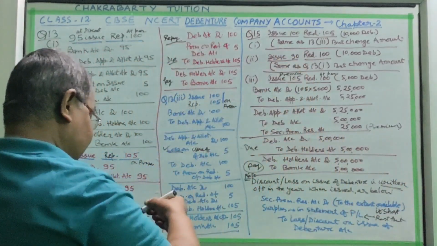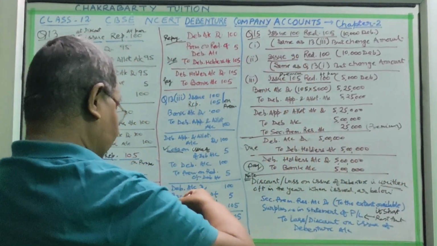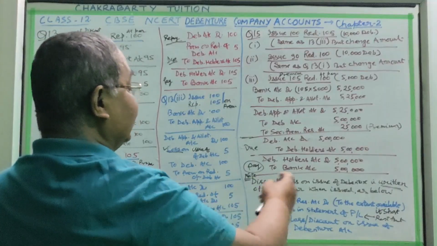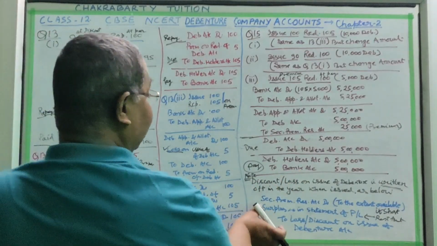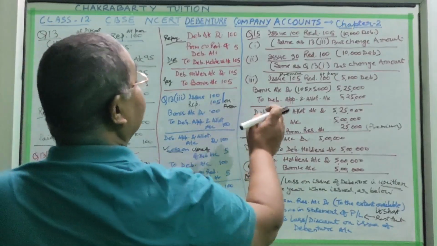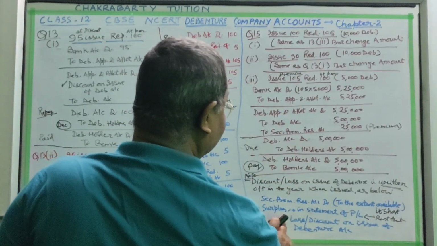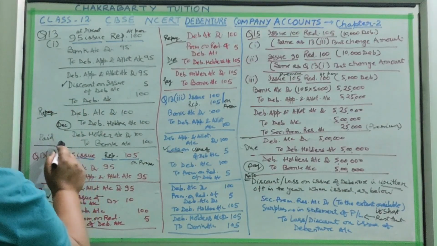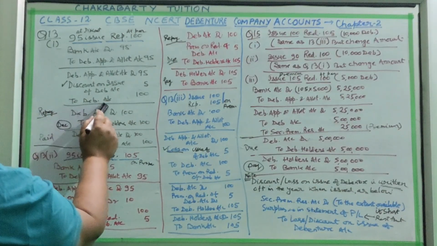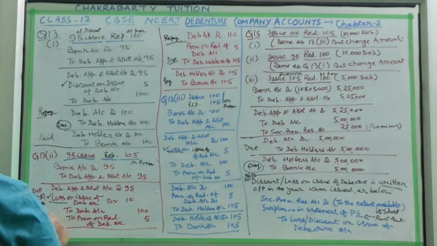Here we have not written this because up to this question level, this written off condition has not arrived. Otherwise, you can put this entry wherever the discount or loss entries are there. Like in this year, loss is there, so here you have to pass the entry.